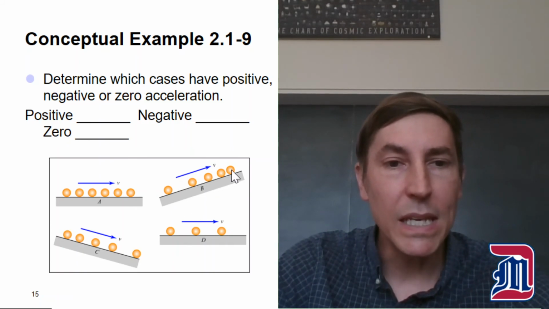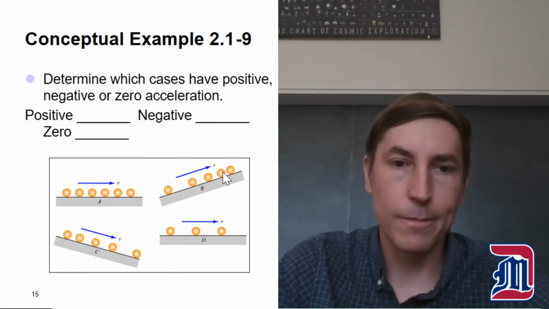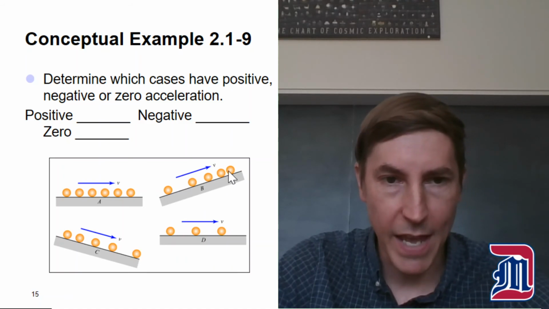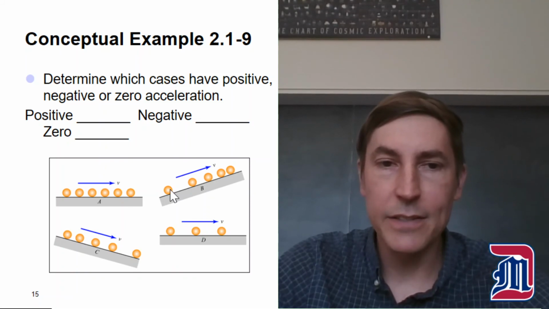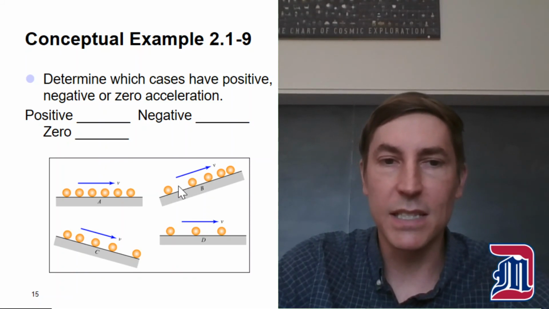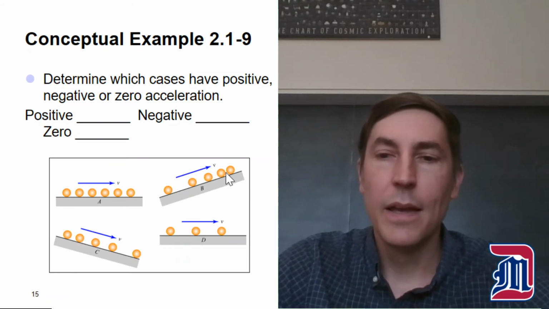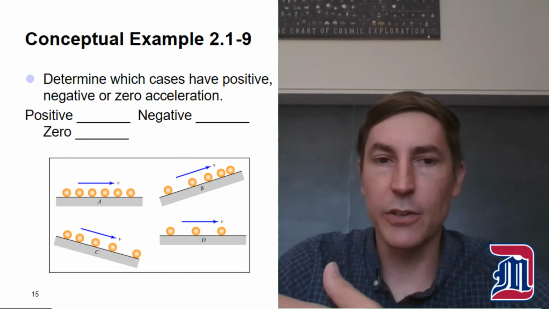If we look at B, the distance that we're covering gets smaller. So this delta s is much bigger than this delta s. And so again, since velocity is delta s over delta t, that means velocity is decreasing. And then acceleration is how the velocity is changing. It's delta v over delta t.